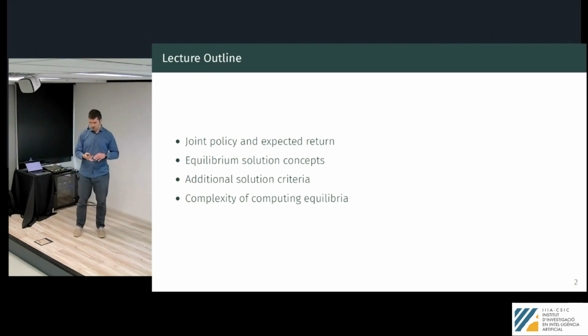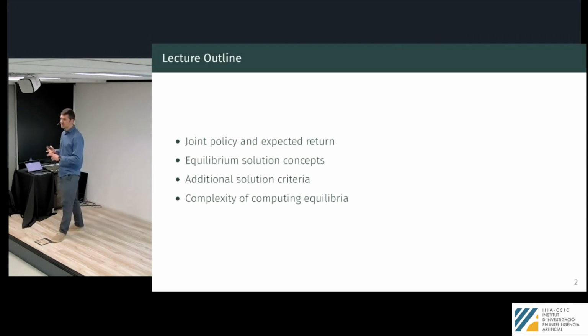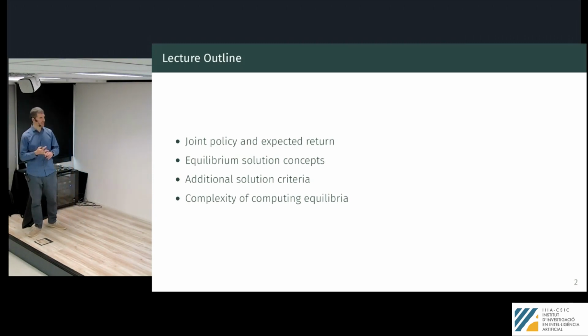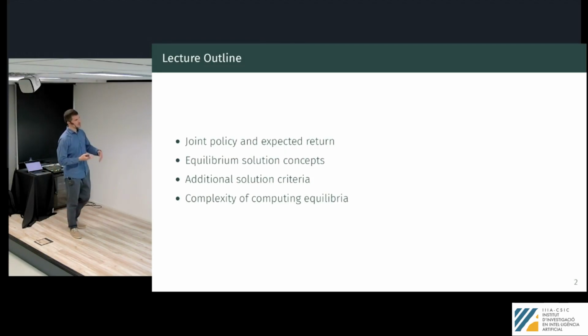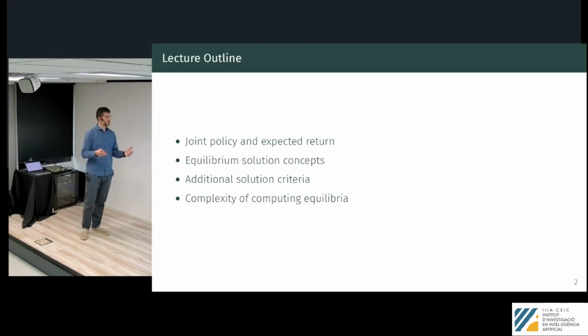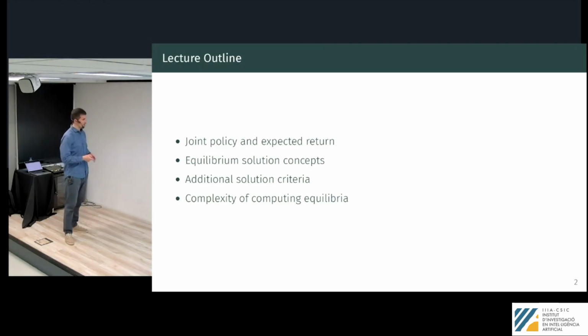And then we're going to be talking about equilibrium solutions like Nash equilibrium. I mentioned that yesterday already. This is the most commonly used solution concept, but there are many others. We need to know about joint policies and expected returns because all of the solution concepts are expressed in terms of relationships between the agents' expected returns. And then there are additional refinement criteria to narrow down the space of solutions we care about. Otherwise, the solution spaces can be very large.